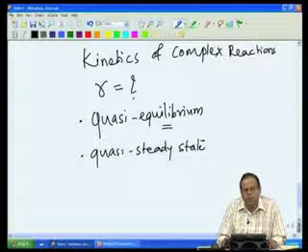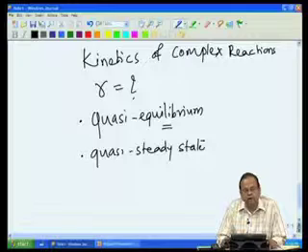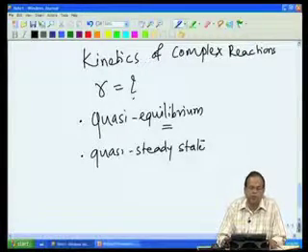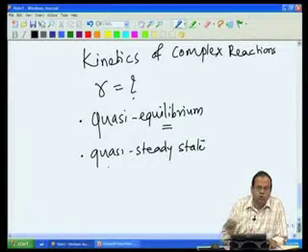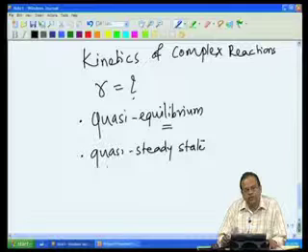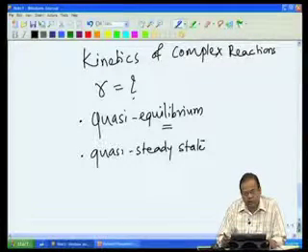If we apply steady state to all the species, the net rate will be 0. So, we apply steady state to a few species which are highly reactive, and then use what we call the quasi steady state approximation to obtain the rate of reaction.